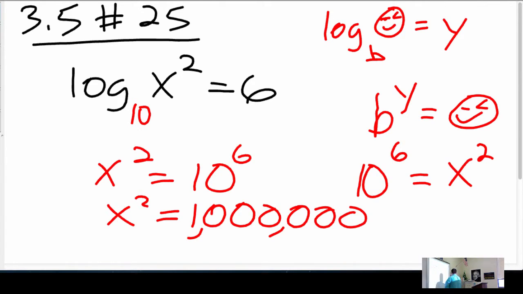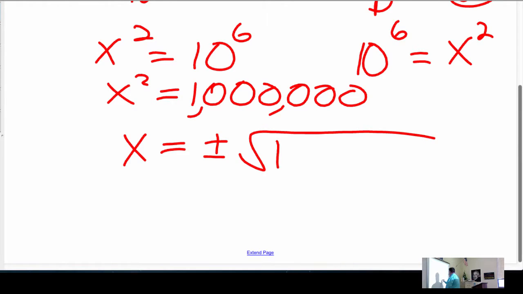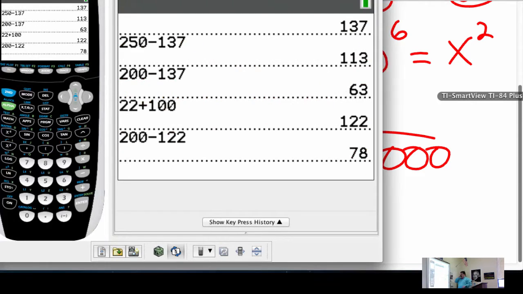And so if I want to solve for x, we're going to have 2 solutions, right? I'm going to have x is equal to plus or minus the square root of 1 million, which I think is 1,000, right? But just to be on the safe side, we're going to double check that on our calculator, all right?